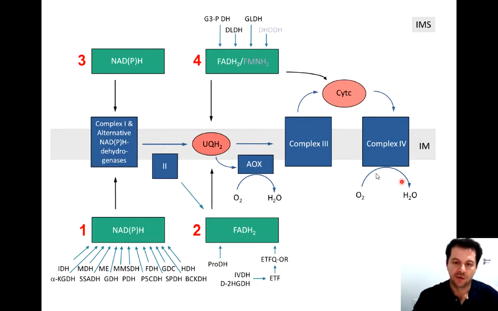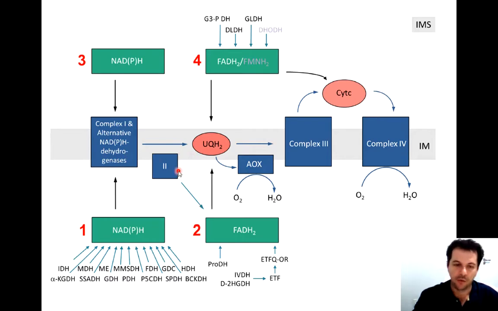Okay. So here you have the matrix, the inner membrane, and here the intermembrane space. So everything here is in the mitochondria. We saw a slide that many dehydrogenases can produce NADH and also NADPH, so these are substrates of complex 1.